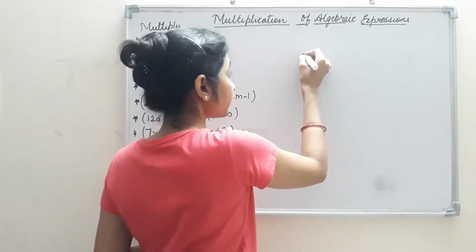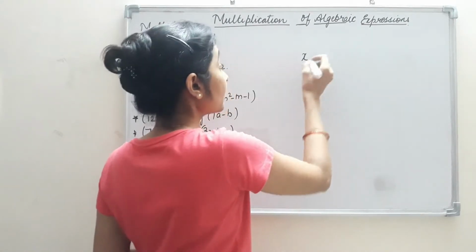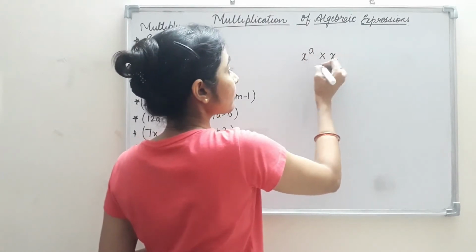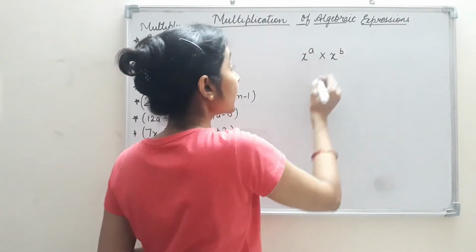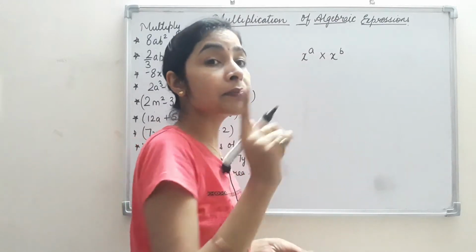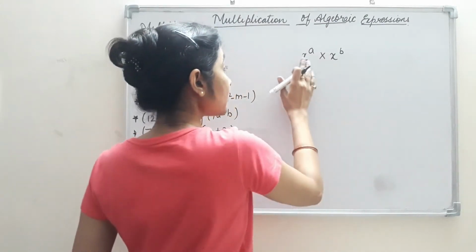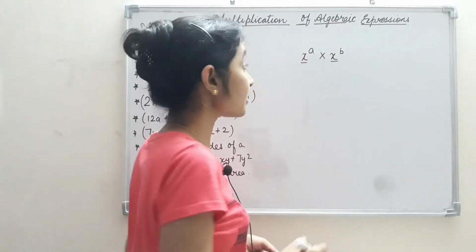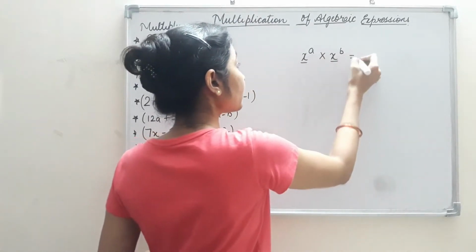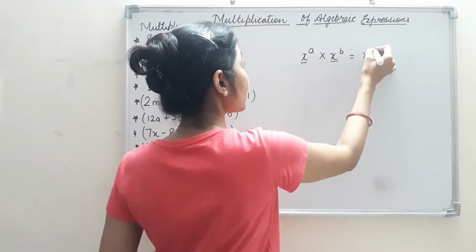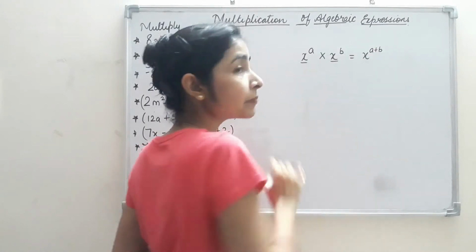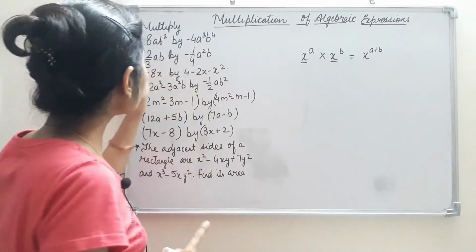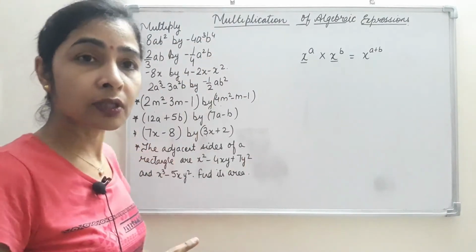Whenever a variable with an exponent is multiplied with another variable with an exponent, and in both the cases the base is the same, here the base is x and x, then the powers are added, that means x raised to the power a plus b. Only this thing you are supposed to remember here.